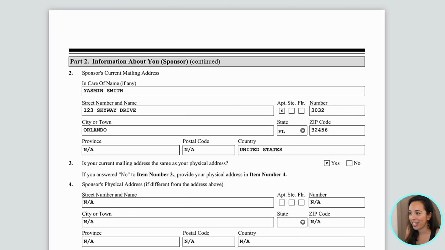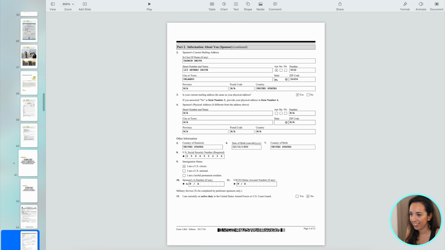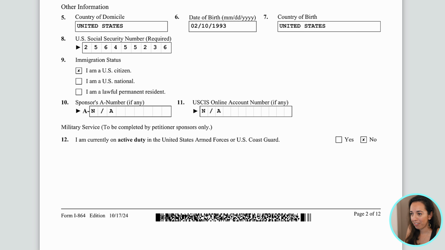As it is, I check the yes box. If you do answer no, then you can fill out question 4 with your physical address, which is where you reside. Question 5 asks my country of residence, which is United States. Question 6 asks for my date of birth. And question 7 asks for my country of birth, which is United States.